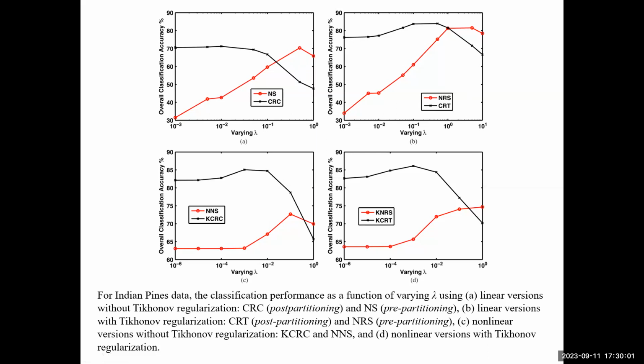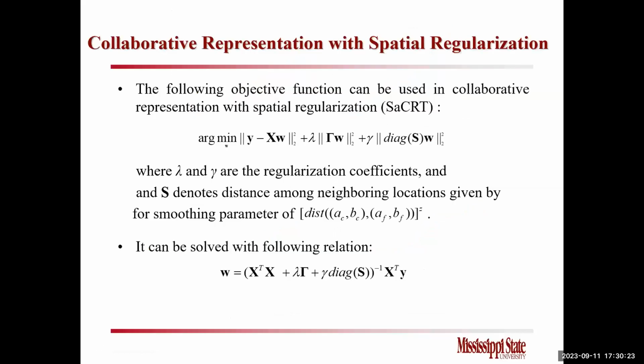I believe that's because when we do this nonlinear mapping to an even higher space, which can improve the class separability, we have to consider all the samples together rather than the class-specific samples. But anyway, those are the original versions.